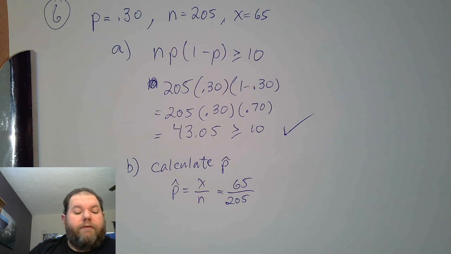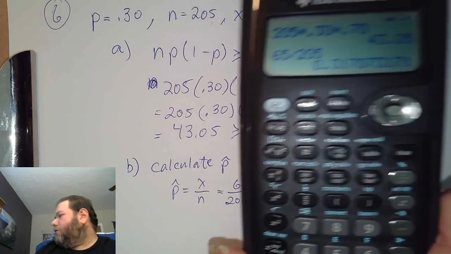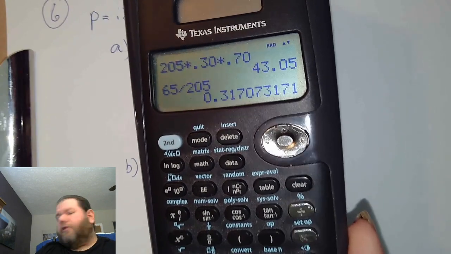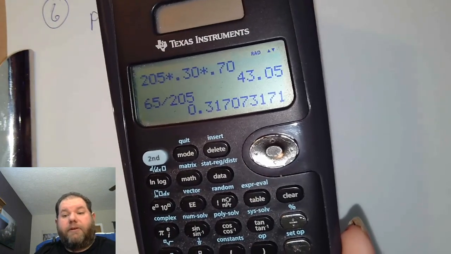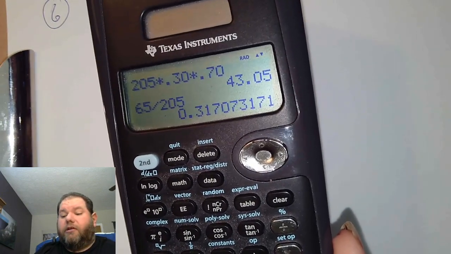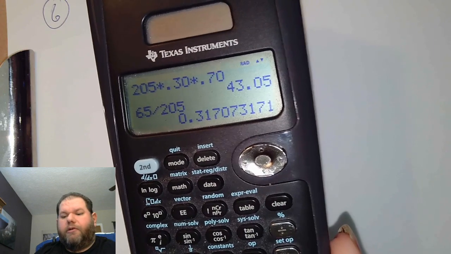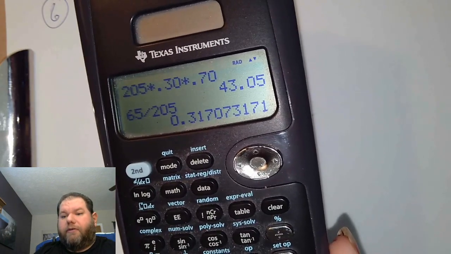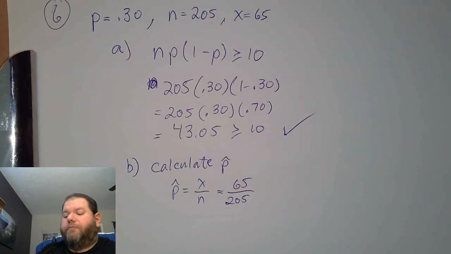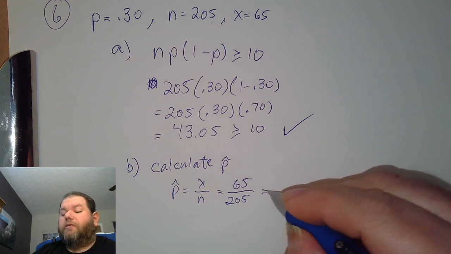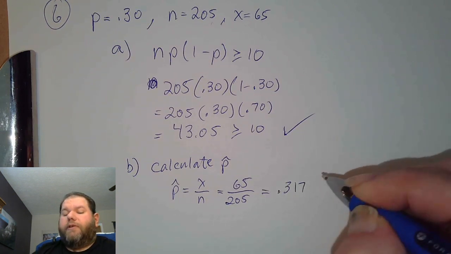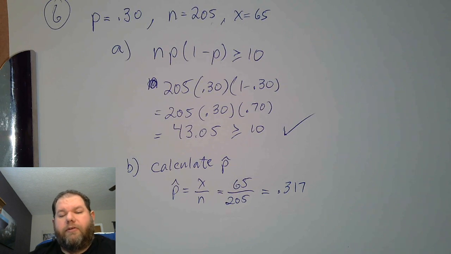So we just take 65 and divide by 205. So we get, let's call it 0.317. 3 decimal places is pretty good here. We don't really want to go too much further, but 0.317 is good. What I'll do on the test is I'll specify how many places to round to, which will likely be 3 places. Possibly 4, but likely 3.